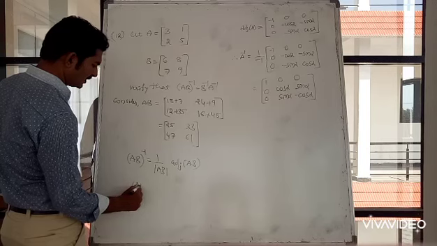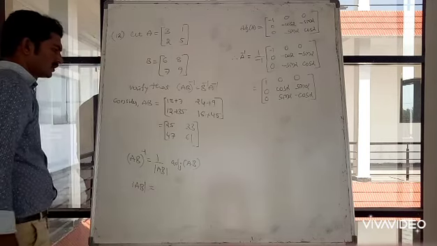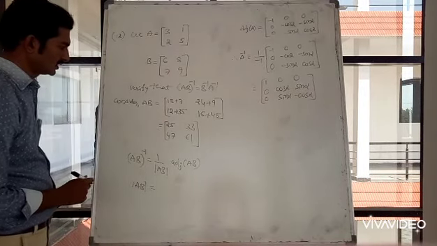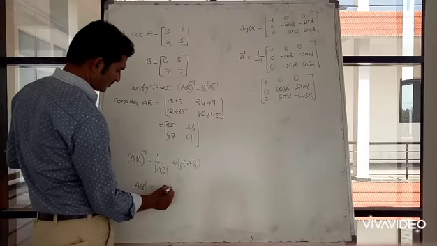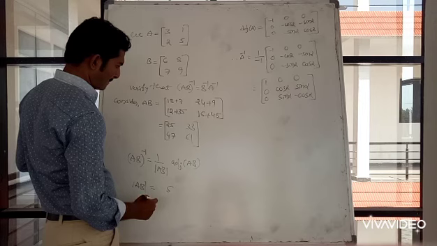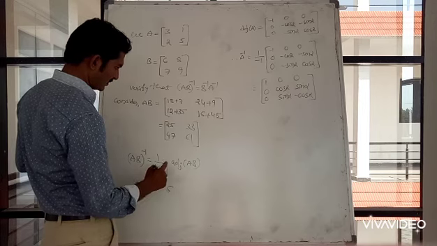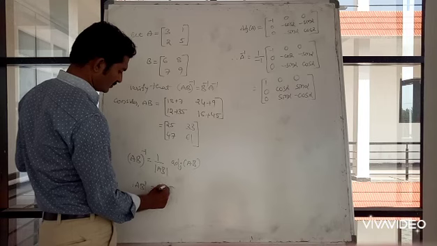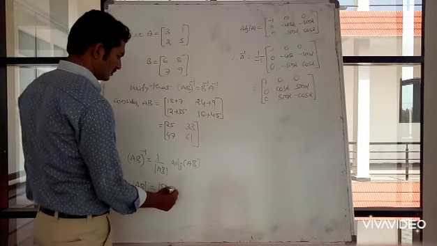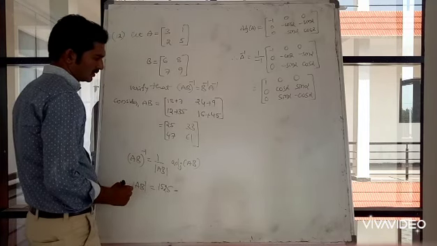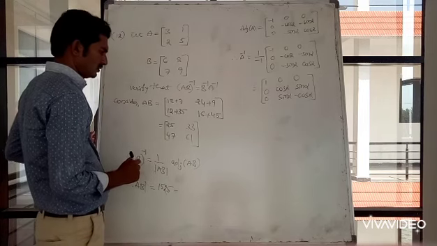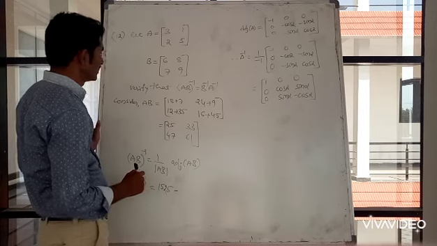Determinant of AB is equal to 25 into 61, how much? 1525, minus 33 into 47. So 33 into 47, we calculate.